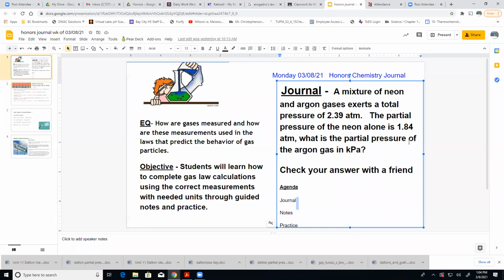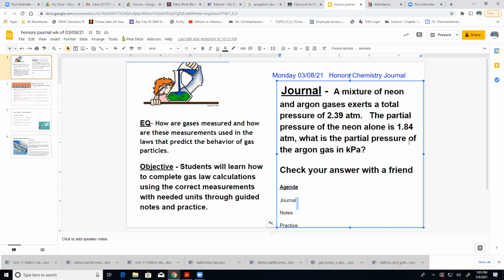And you subtracted your 184. So at that point, it gave you 0.55 atmospheres. So then whenever you change that from atmospheres to kilopascals, it just would have been 2 sig figs. So the 56 kilopascals. Okay. So that's all you need to do is just adjust that a little bit for the kilopascals for the sig figs.